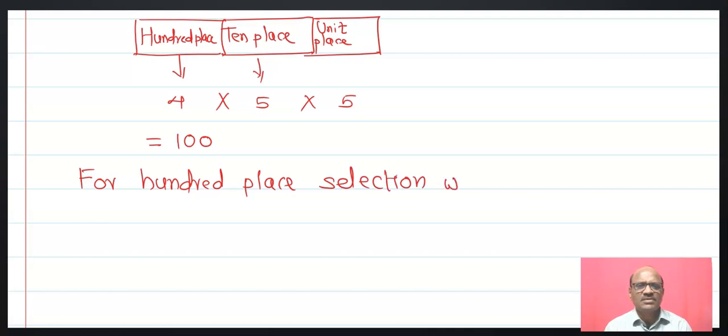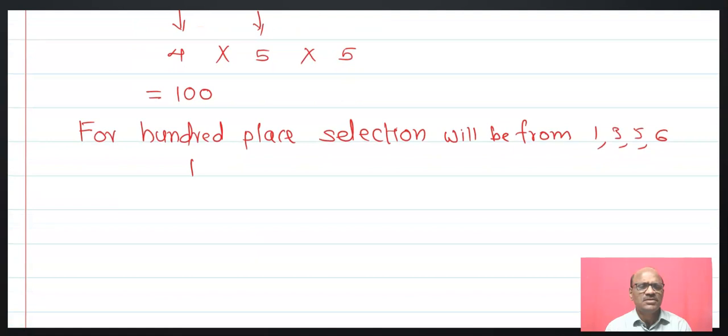Now the 100 place is from 1, 3, 5, 6. That is, the number of ways is 4, m is equal to 4.